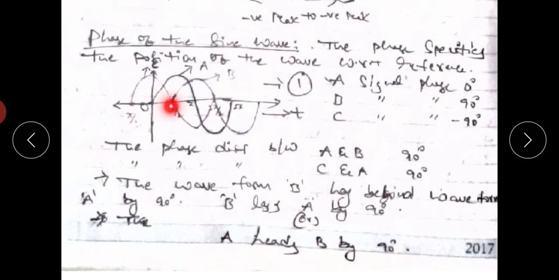So the relation between A and B signals: phase difference equals 90 degrees, A leads B by 90 degrees, or B lags A by 90 degrees. Similarly, for the relation between C and A signals, here A lags C by an angle of 90 degrees.